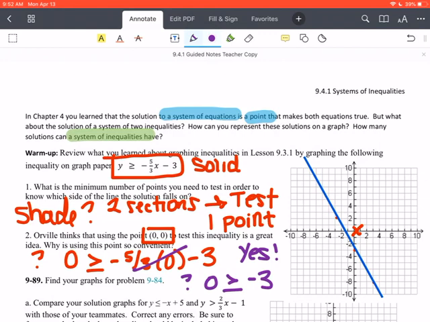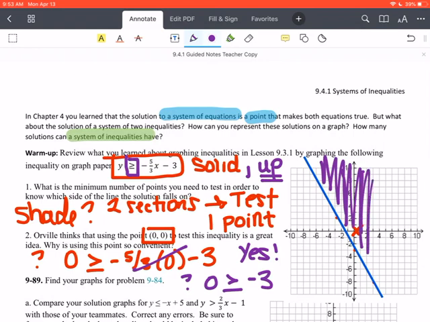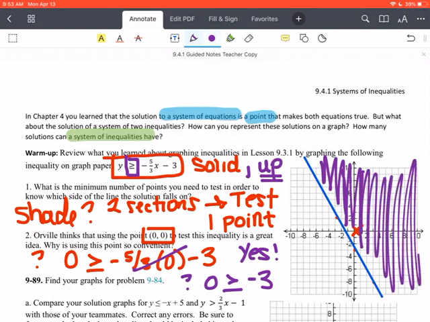Now, if you recall last week, we said that the greater than symbol means shade straight up from the boundary line. So if I put my pen on the boundary line and go straight up, look, I'm going in the region that 0, 0 is contained in. So I'm going to shade this entire region here, and that is representing all the points that would make the original inequality true.